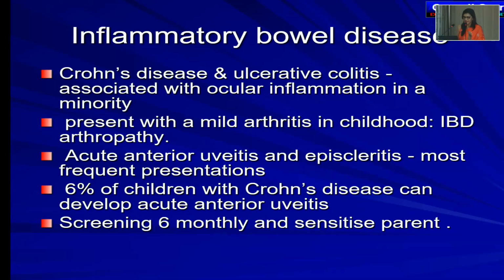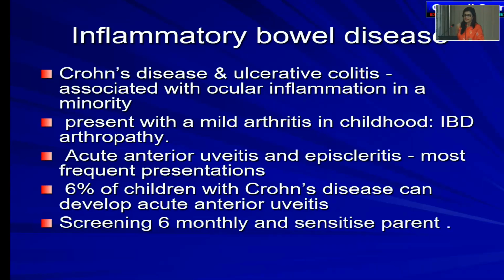Inflammatory bowel disease, Crohn's and ulcerative colitis, they present with a mild arthritis in childhood. They present with episcleritis or acute anterior uveitis. Here the important thing is to sensitize the parent, because it's a symptomatic uveitis. They will usually have redness, pain, photophobia, but the problem is that the parents don't know about this entity, so they think it is conjunctivitis or some other redness, allergy, and they don't take the child for treatment until it becomes really severe.